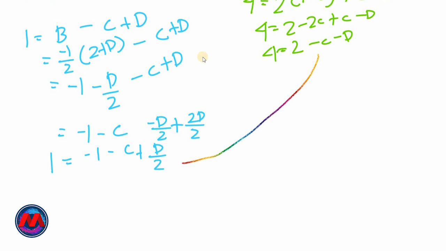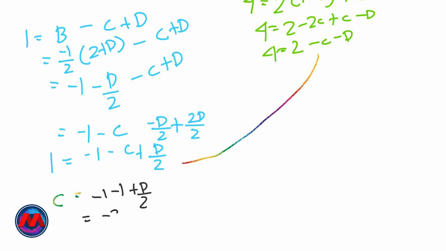Okay, so hanapin natin dito yung C. So para mahanap natin yung C dyan, dito, C yung matitira, transpose natin siya sa kabila para maging positive. C would be equal to 1, magta-transpose siya sa other side, that's negative 1 minus 1 plus d over 2.